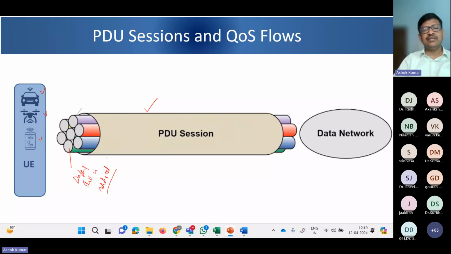And later on, depending upon what service it is accessing, more QoS flows are added inside the PDU session, and every QoS flow can have a different requirement in terms of latency, in terms of data speed, in terms of what kind of guaranteed bit rate, what kind of delay and what kind of error it can support.